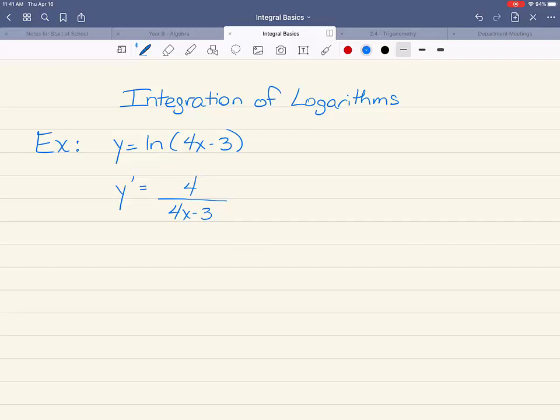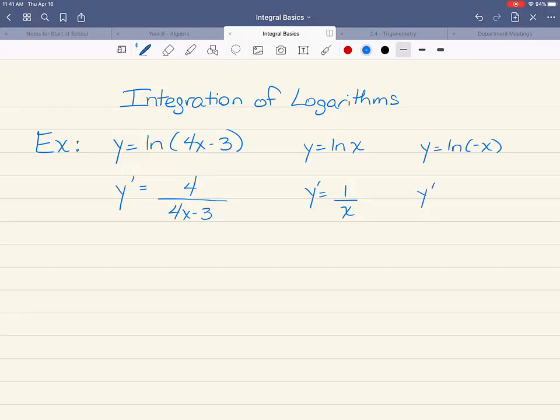Okay, I want to show you two other examples because it's going to lead into what we're going to talk about in a minute. First of all, if I have just the natural log of x, what would its derivative be? Its derivative would be the argument on the bottom, x, and its derivative on the top, which is 1. Now look at this one. What is the derivative of the natural log of negative x? Well, let's see.